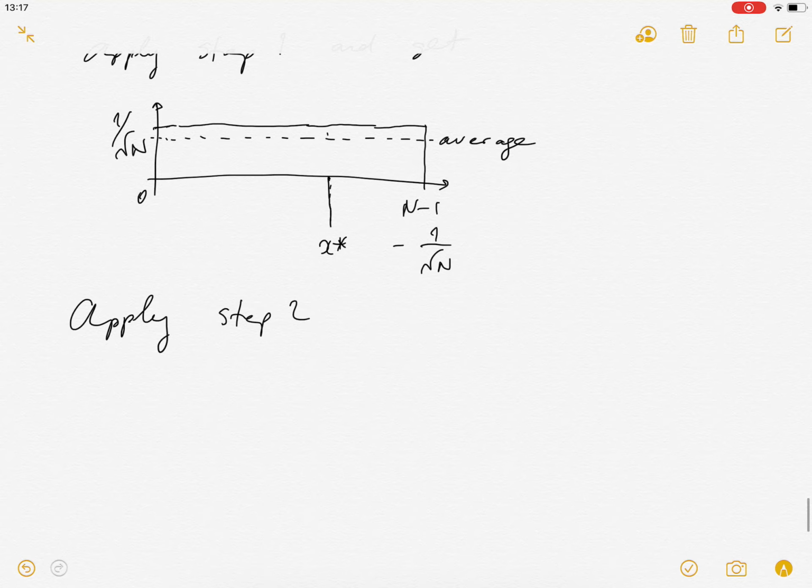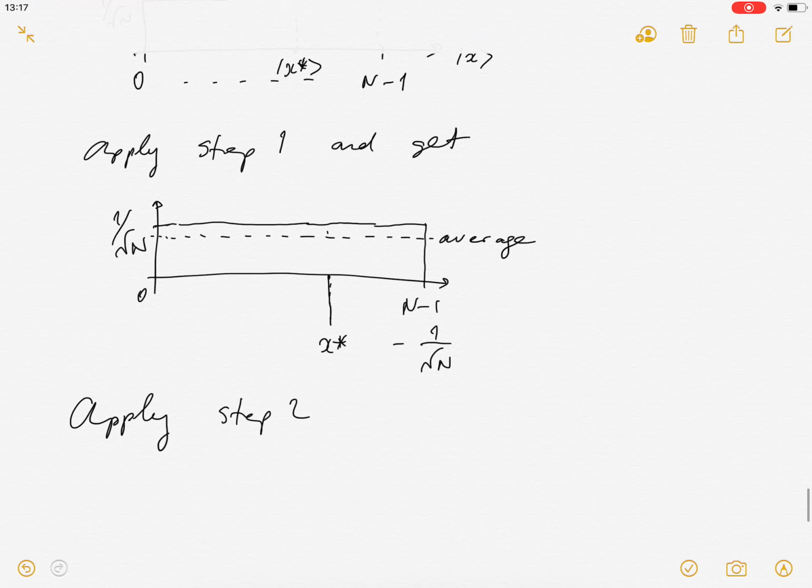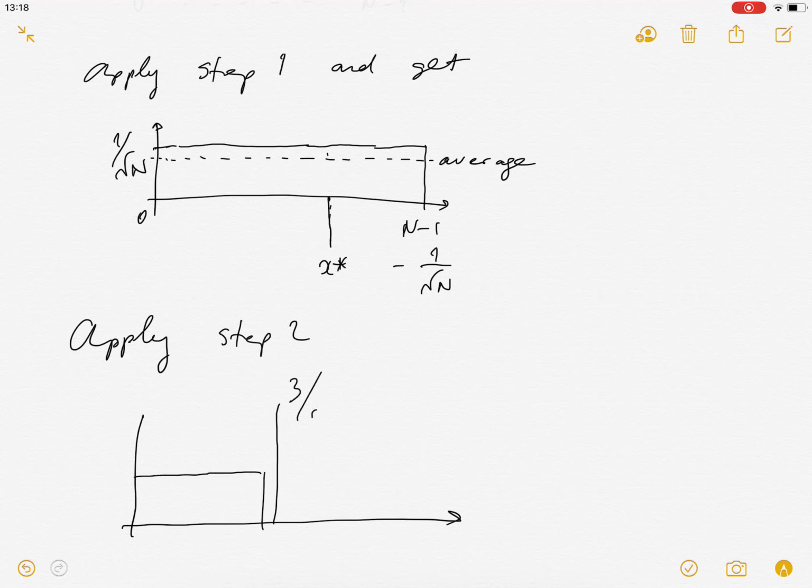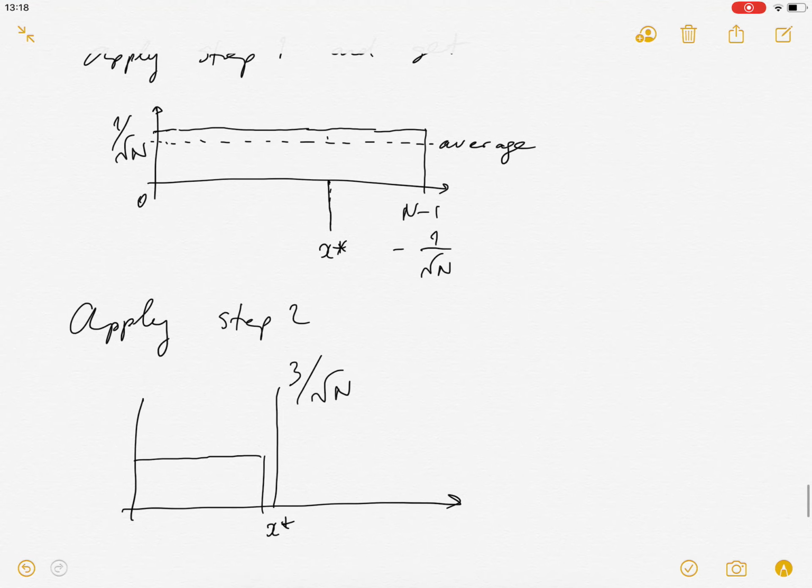Now, as I said, the average has dropped down a little bit at this stage. So if we do an inversion around the mean, the amplitude of the key value will go up to three over square root of n. Okay.